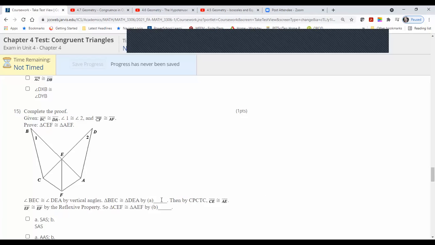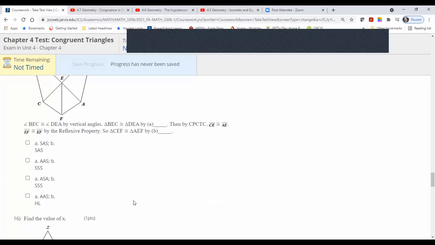So for the A, remember what is the A? Using what? Angle, side, right? And then the B using SSS, right? So angle side for the A, and the B is side, right?